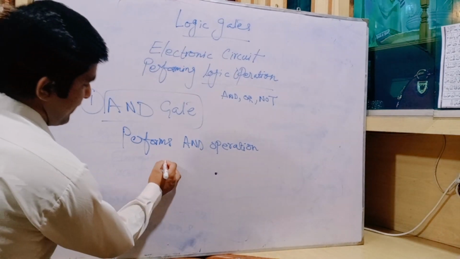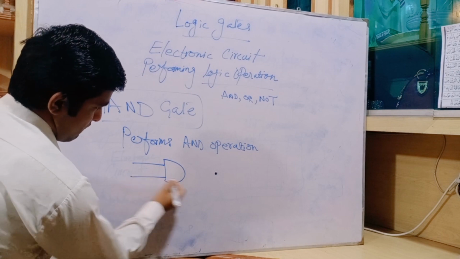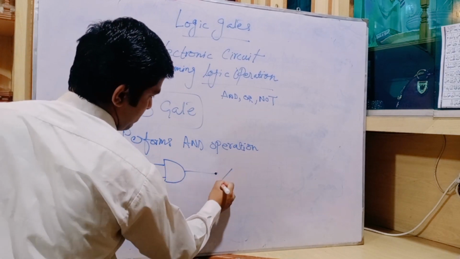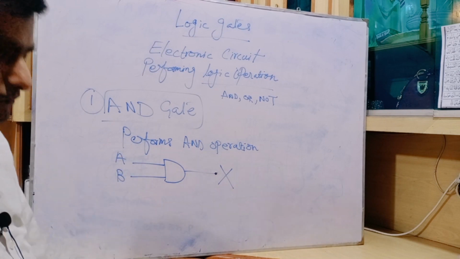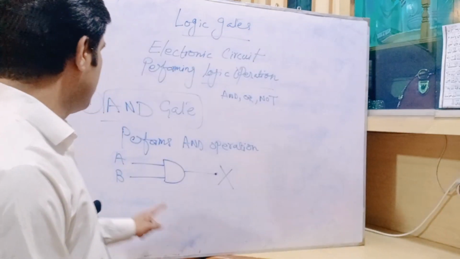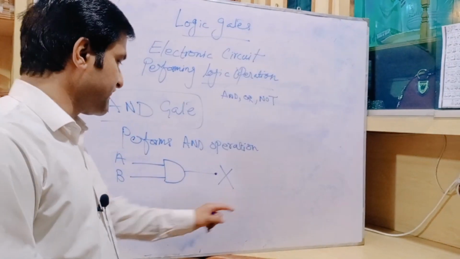Its symbol is like this. This is the symbol of the AND gate. It has two inputs A and B, and it has one output X.